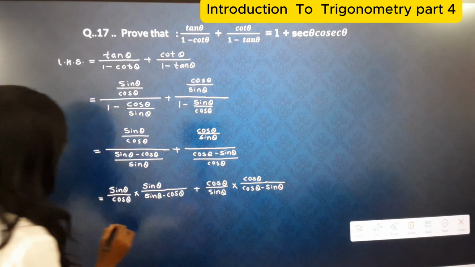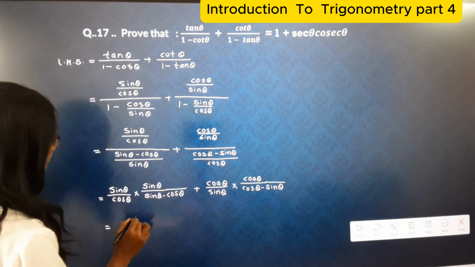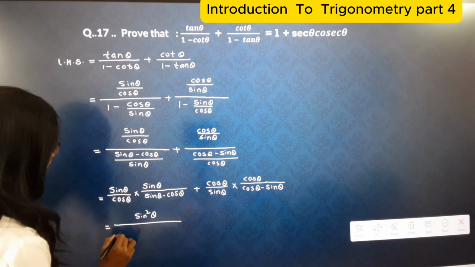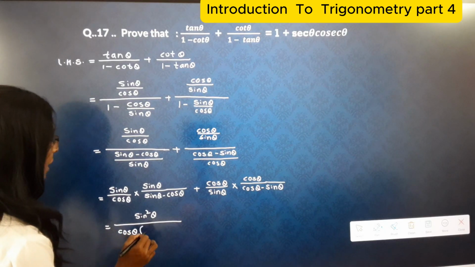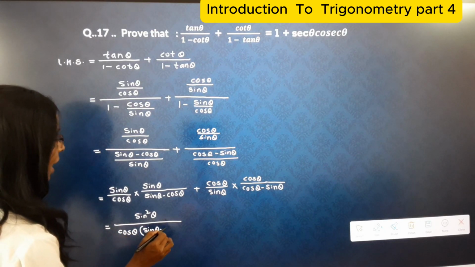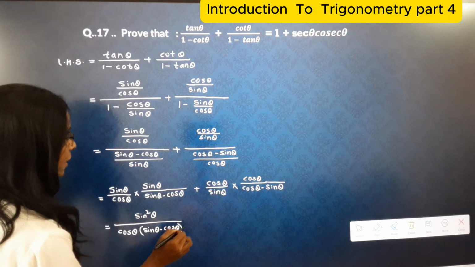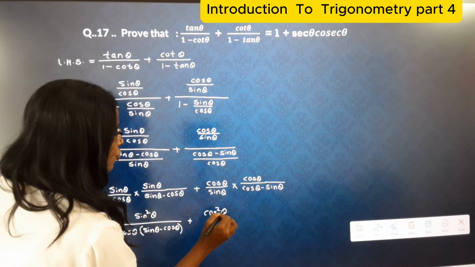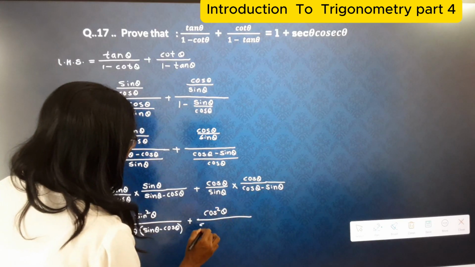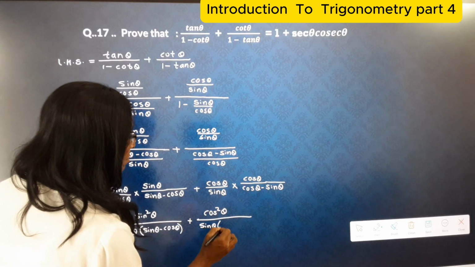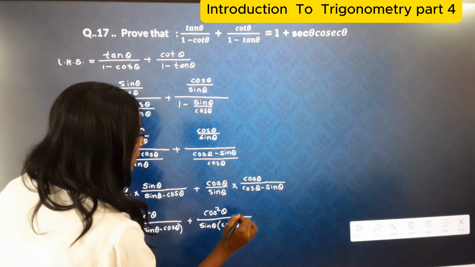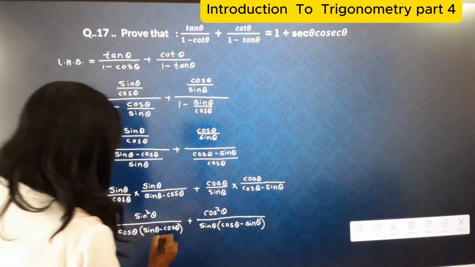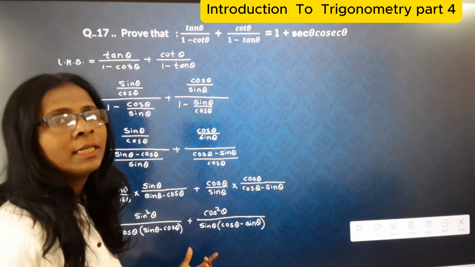Then multiplying this gives sin square theta divided by cos theta multiply sin theta minus cos theta, plus cos square theta divided by sin theta multiply cos theta minus sin theta. Now see, students, both the denominators are different.